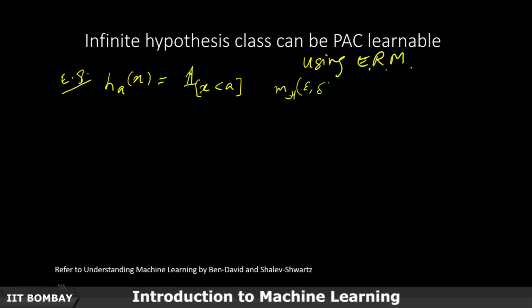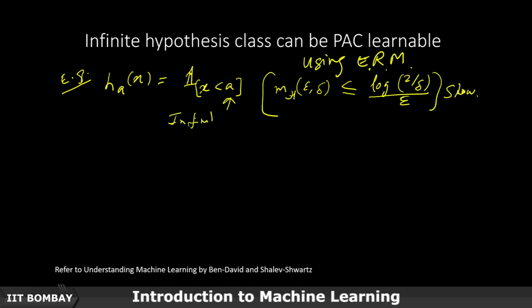What we want to show is that the sample complexity of such a classifier is less than or equal to log of 2 by delta, divided by epsilon. Here a is a continuous threshold, and because it is continuous, it is an infinite hypothesis class. Yet we want to show that the sample complexity of this class is limited if we want to guarantee some performance with a certain probability, under the PAC learning regime.